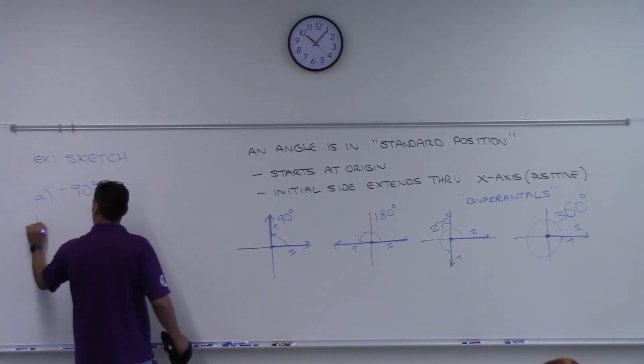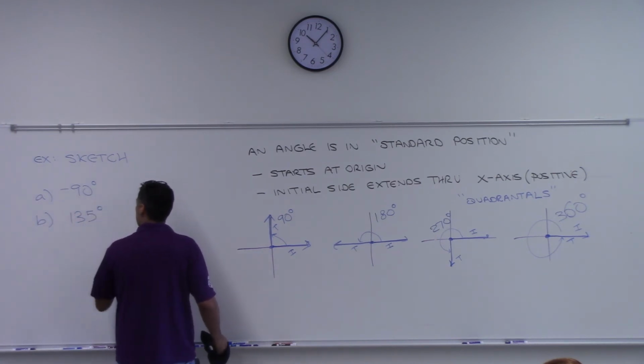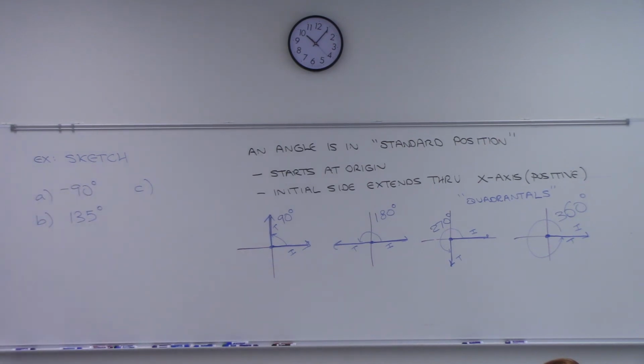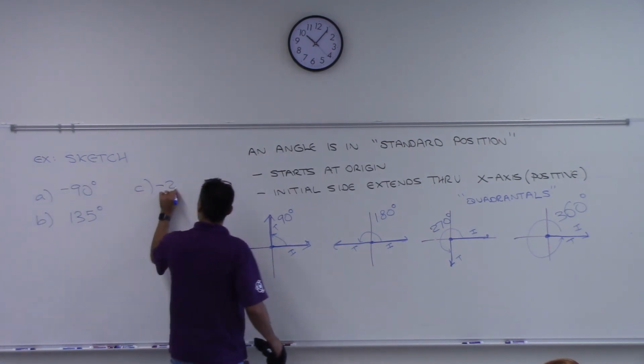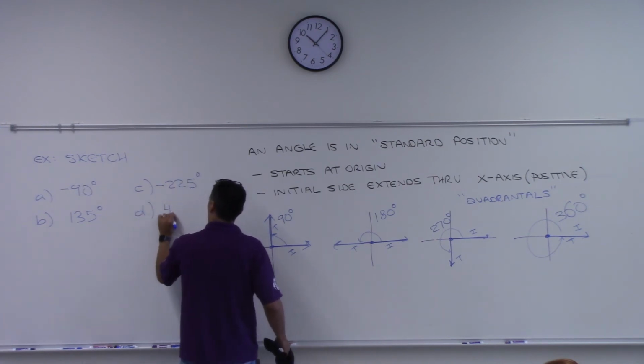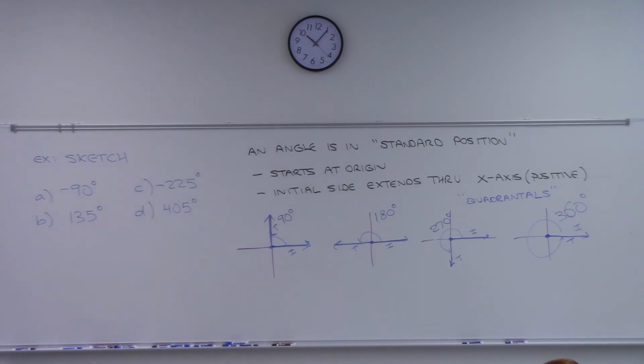That's A. B, let's go with 135 degrees. C, how about negative 225 degrees? And then D, let's go with 405 degrees. When I say draw them, that means I want to kind of know where they are, what quadrant they're in. I want a decent picture.